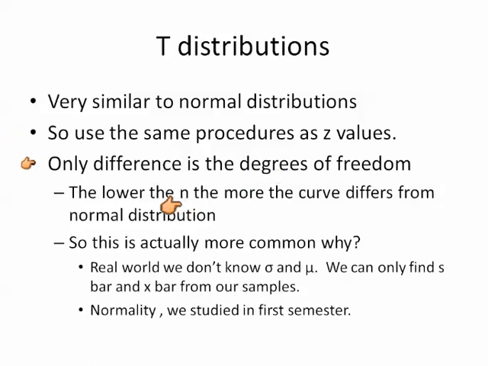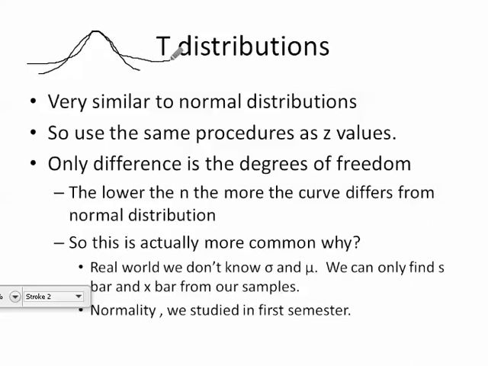The lower the n, the more the curve differs from the normal distribution curve. The normal distribution curve looks like this. The t curve looks very similar, but it'll be a little bit above it out here. It'll go up to about the same mean and come out a little bit above it out here.